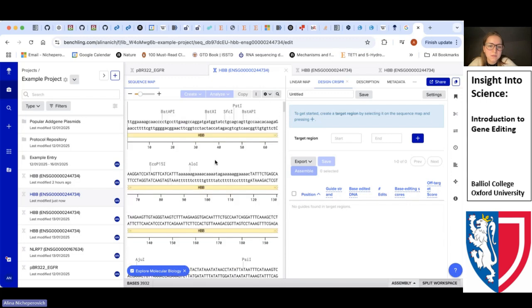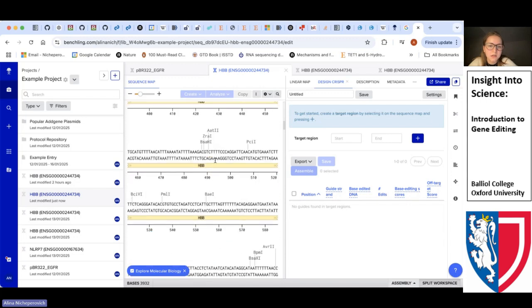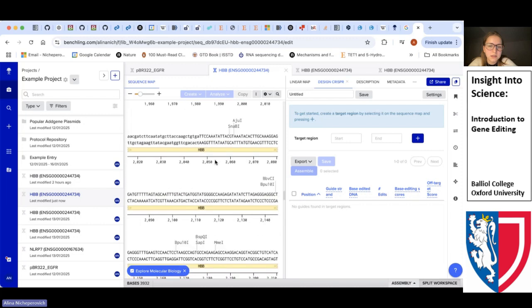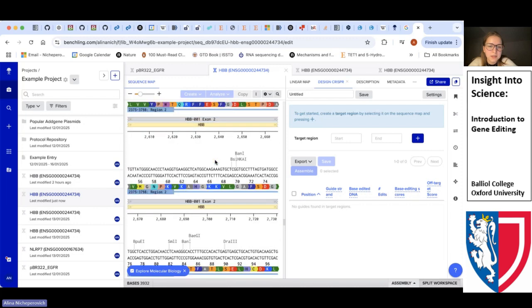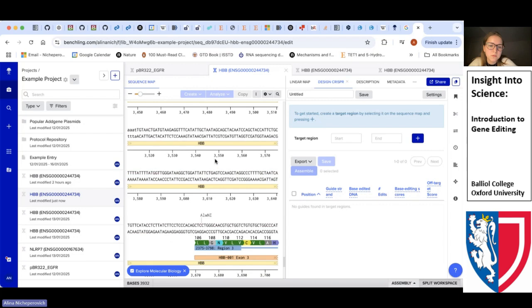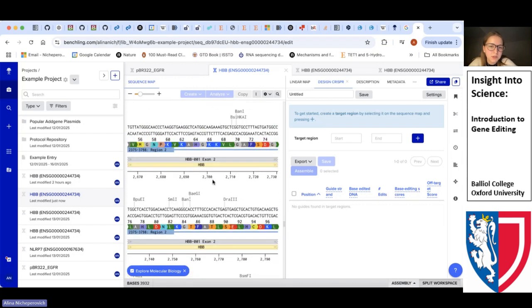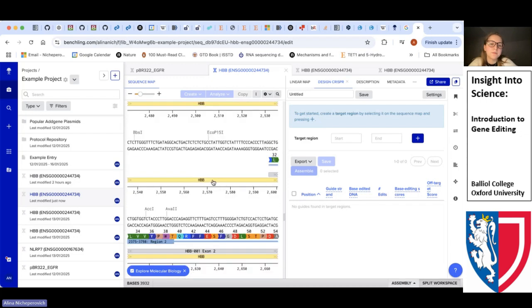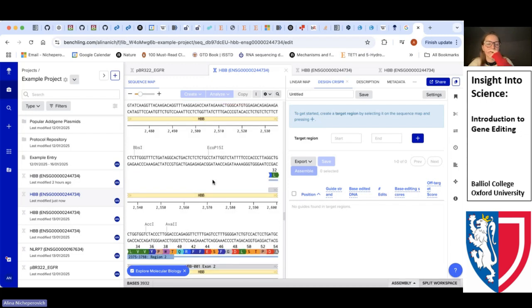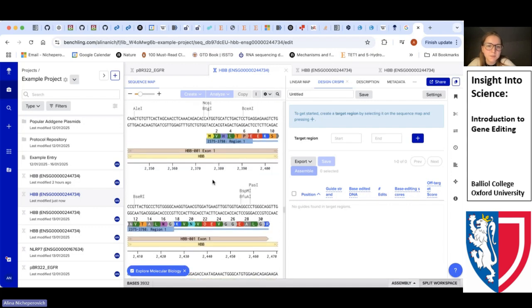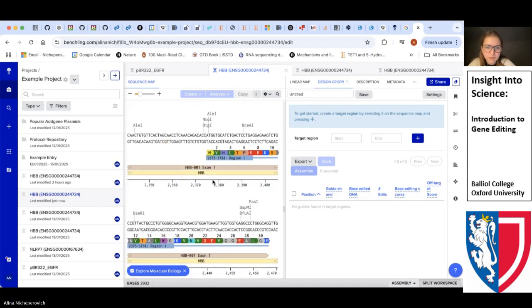And as we can see, it's a very, very long sequence that spans a few thousand bases. But as you know, a lot of the gene sequence has many introns, exons, and UTRs, which are not transcribed into mRNA and not translated into a protein.